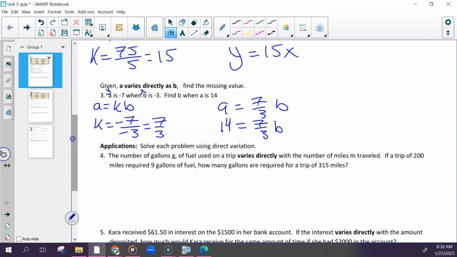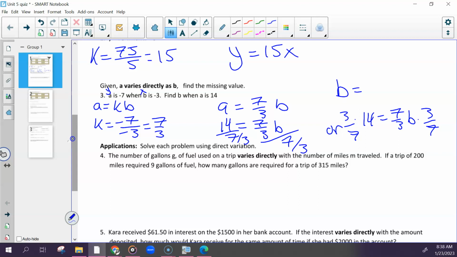So I'll write both. Either or, not both. Some of you were multiplying but not flipping. Some of you were dividing and flipping. One or the other, not both.